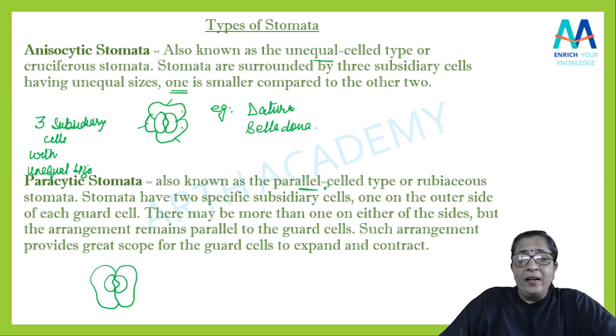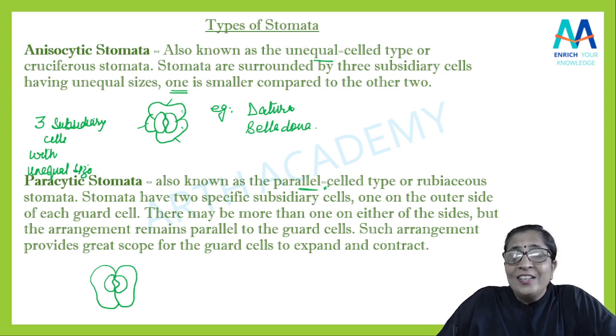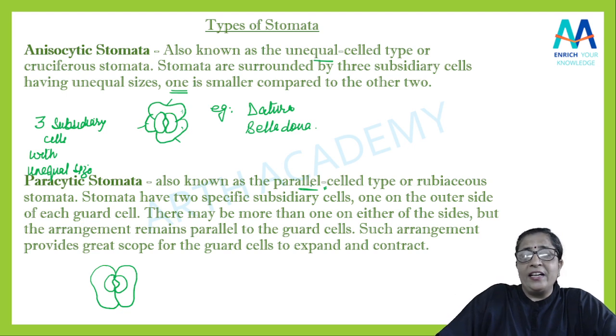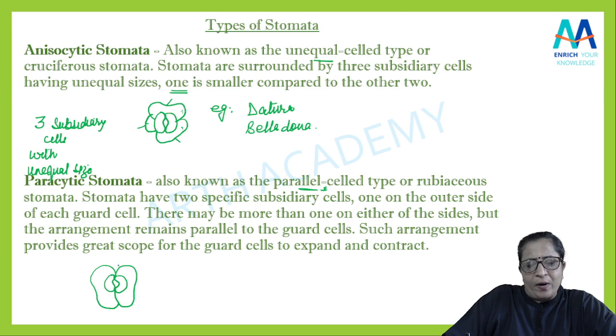They are parallel to this guard cells. That's why we say that it is a parallel cell type. So stomata have 2 specific subsidiary cells, one on the outer side of each guard cell. हर एक गार्ड सेल्स के बाहर एक, यानी ये वाला गार्ड सेल है, इसके बाहर एक सब्सिडियरी सेल, ये वाला गार्ड सेल है, इसके बाहर सब्सिडियरी सेल्स, and they are parallel to the guard cell.